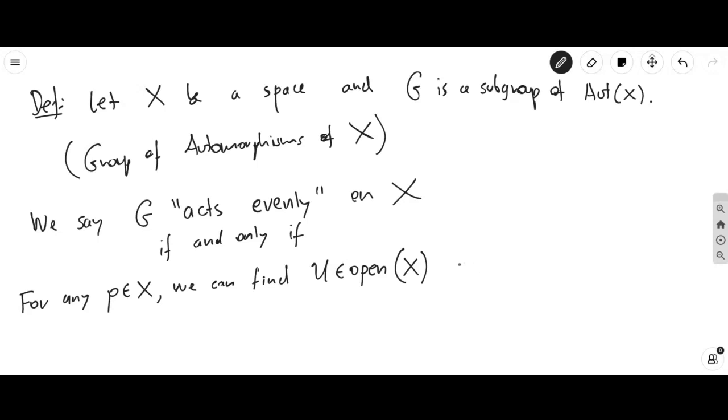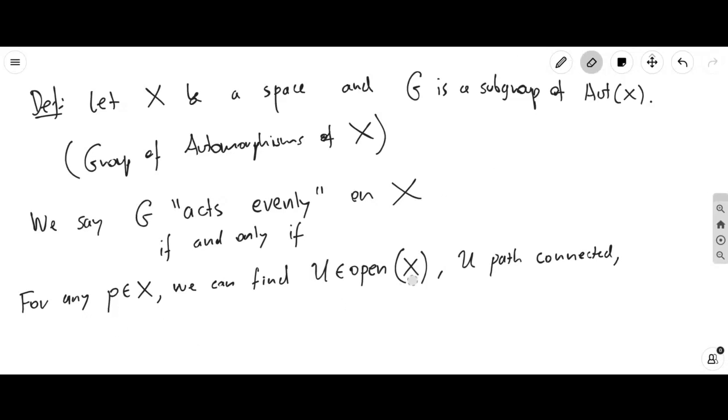And let's assume that it's path connected, which we can always assume. Because if we're assuming that our spaces are locally path connected, anytime you have an open set containing a point, you can always shrink it further. So you can just assume it's path connected from the very beginning.